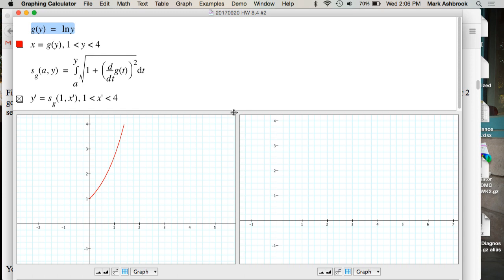So can we predict in general, and not just remembering the answer that you got if you know you got it right, how can we reason about what this arc length function is going to look like? Where is Jake? Yeah, can you give me a feel for what's going to happen when I turn on this graph?